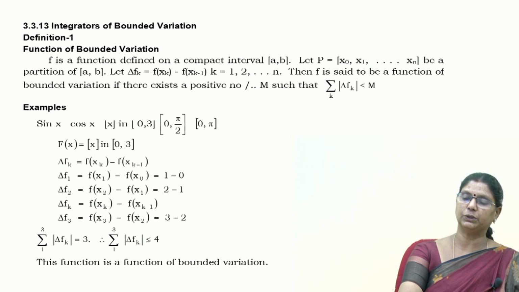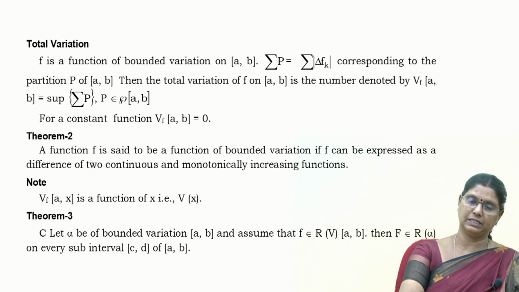Then f is said to be a function of bounded variation if there exists a positive number M such that the summation of modulus of delta f k is less than or equal to M. Here is an example: f of x equal to x in the closed interval [0, 3], and delta f k is defined as f of x k minus f of x k minus 1: first delta f1, then delta f2 and delta f3. Finally the sum is less than or equal to 4, so this is a function of bounded variation.